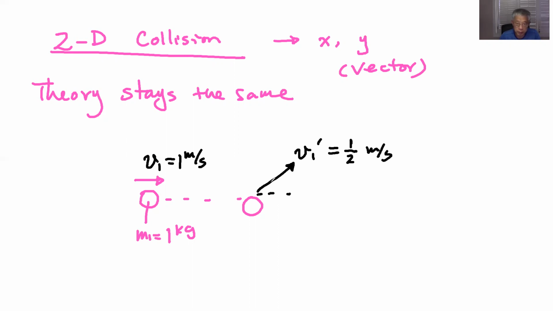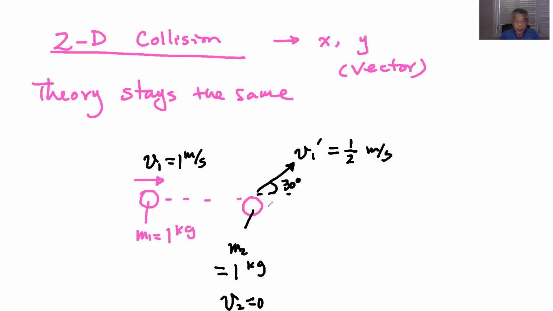And let's say this angle is 30 degrees, okay? Right, and then this is M2. M2, let's also assume, is equal to 1 kilogram. And it was initially at rest, so V2 is equal to 0, right?